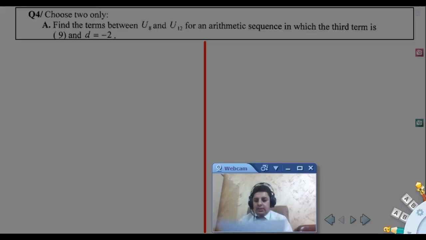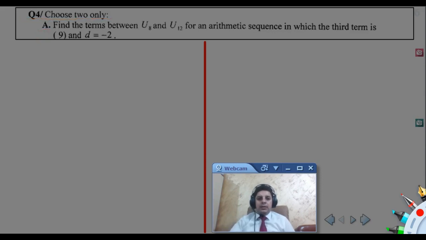Question that is from question 4, part A, about sequence, arithmetic sequence. Look at, that is question 4. Choose only part A, about sequence.